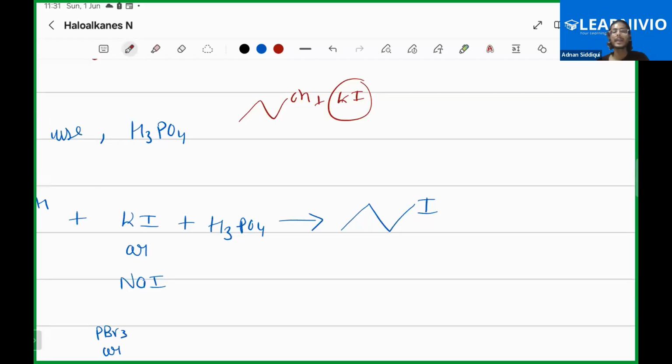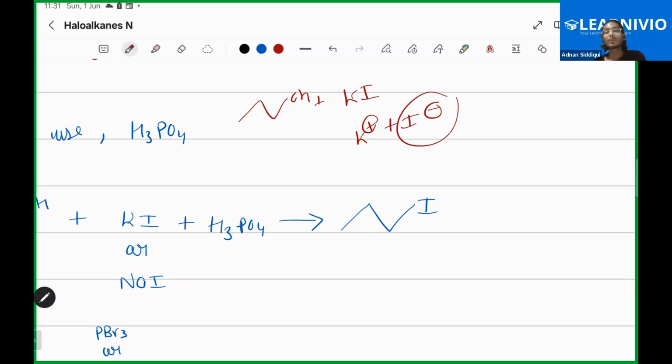Like NaCl in water is present as Na positive and Cl negative ions, right? Yes, sir. Similarly, KI, similar to NaCl, will be present in water or aqueous medium as K positive and I negative. So this KI actually looks like this, right? Out of these two, this I negative is supposed to act as the nucleophile.